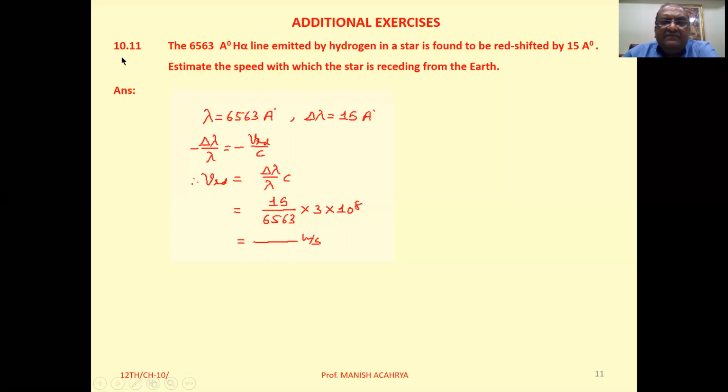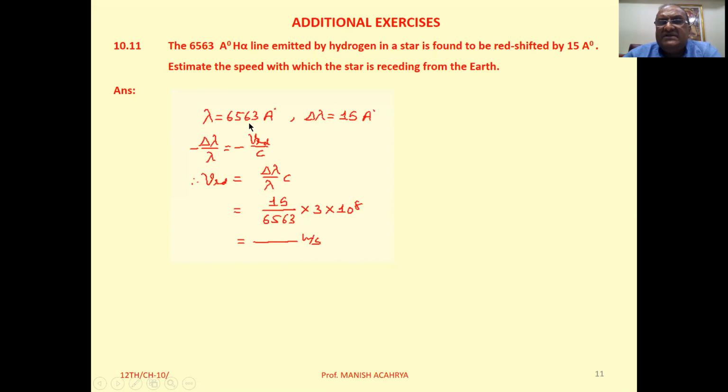Additional exercise, example 10.11. The 6563 angstrom H alpha line emitted by the hydrogen in a star is found to be red shifted by 15 angstrom. So lambda is given to you, delta lambda is also given to you. Then estimate the speed with which the star is receding from the earth.